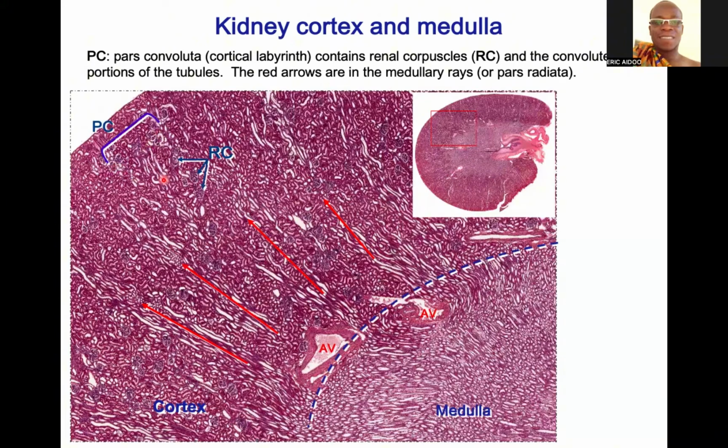All right. So you can see that this is a bigger size of the kidney, and then you are looking at a magnified portion of it. This is more or less one of the lobes, as you see.